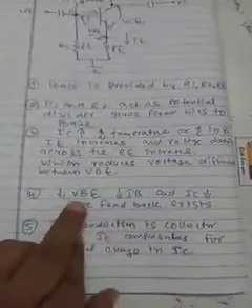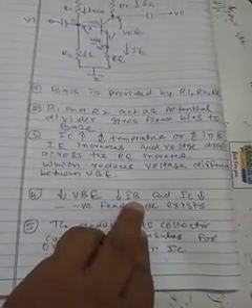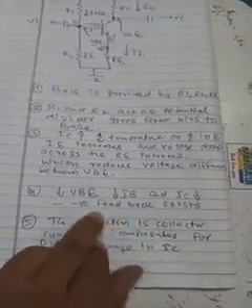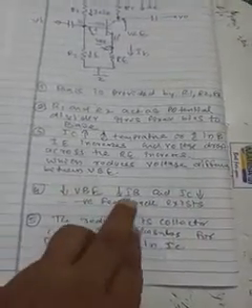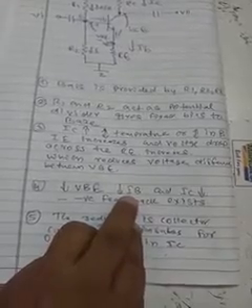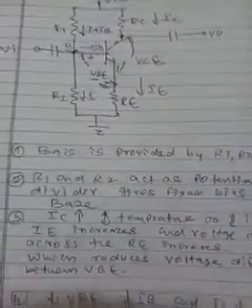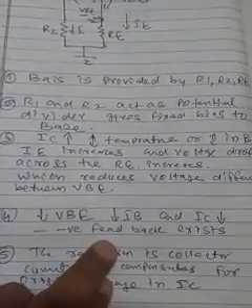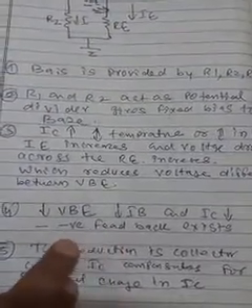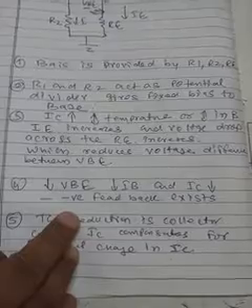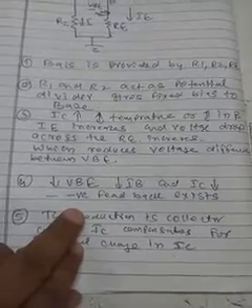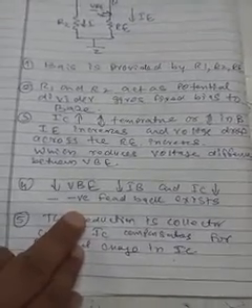So the reduction in VBE again reduces the IB and reduces the IC. This reduction in VBE, which causes the reduction in IB and the reduction in collector current IC, is called negative feedback. We have positive feedback and negative feedback, which we are going to study in part 2 of the transistor.